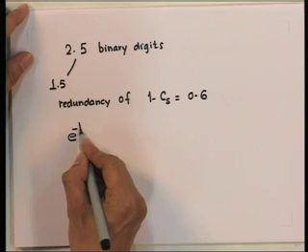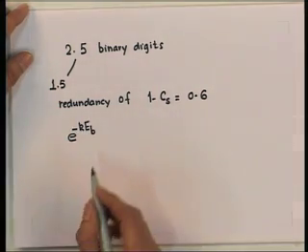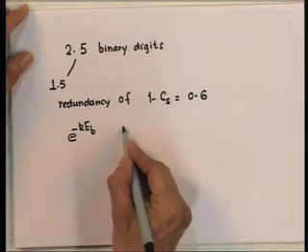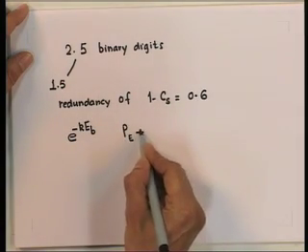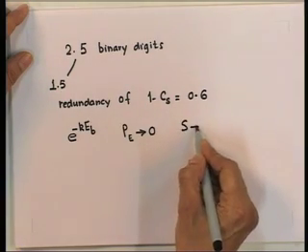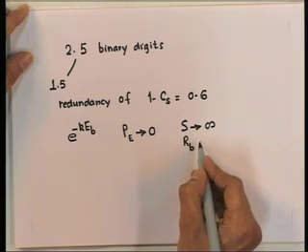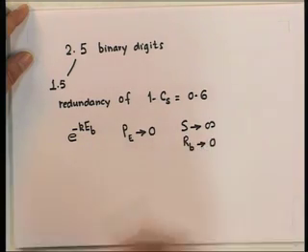As discussed in the beginning of this lecture, PE, the error probability of binary signaling, varies as exponential minus k times EB, and hence to make PE tend to 0, either the signal power should tend to infinity or RB should tend to 0.